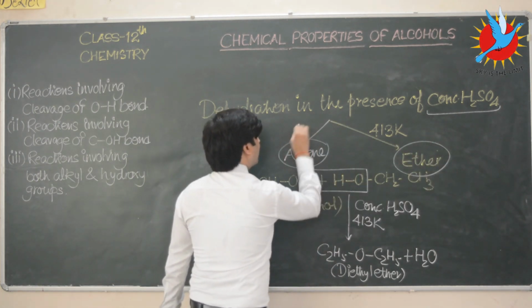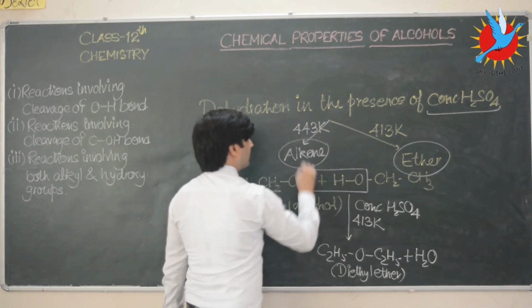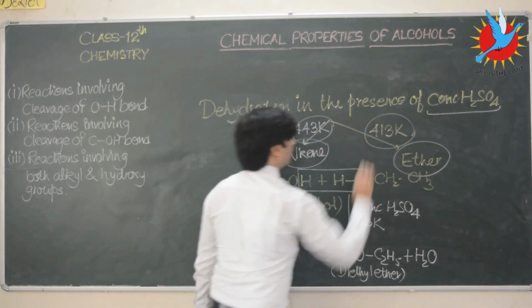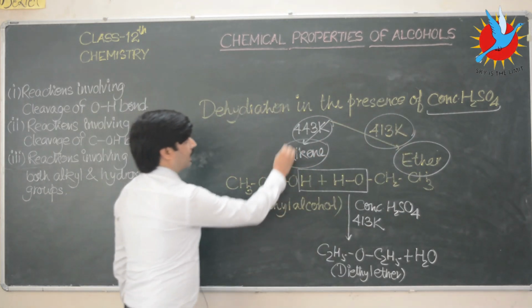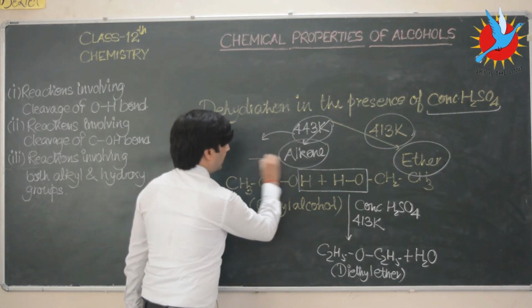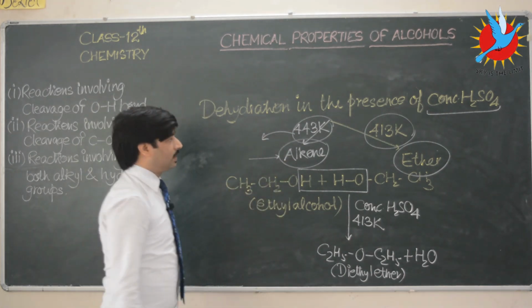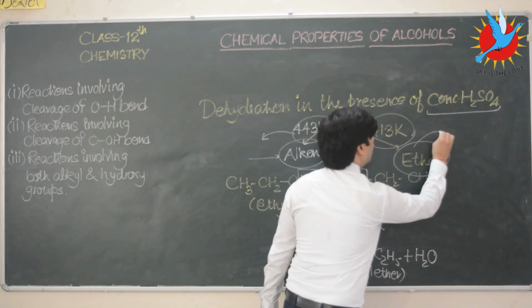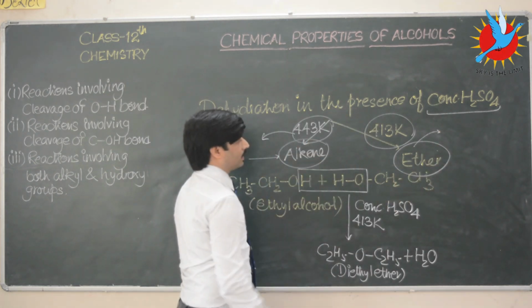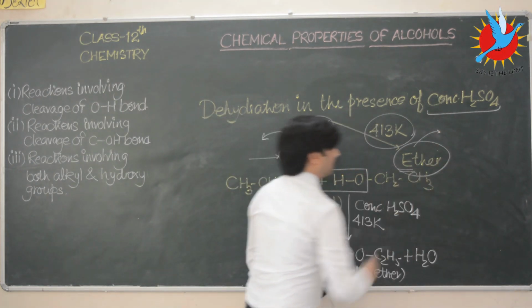That totally depends upon temperature. You can see the difference in the temperature. If the temperature is high enough, alkene will be the product, and if the temperature is not that high as compared to this one, then the product will be ether.